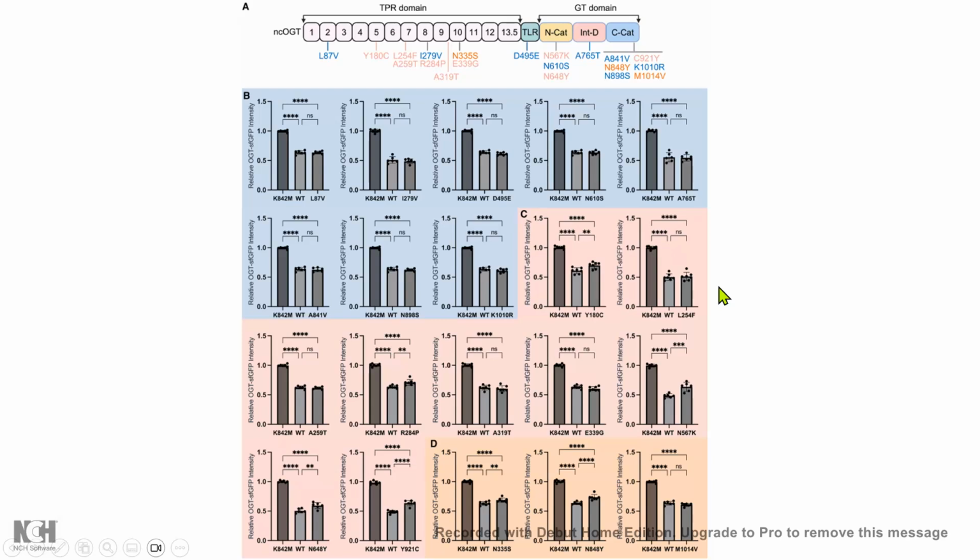So this is the real meat of the paper, where we took loads and loads of different mutations, some of them clinical, some of them theoretical, and basically did the same test. The K to M mutant, inactive, and the wild type versus how do you feel about this? And this gave us various ones with various levels, which we measured. It's all about the reactivity. So the reason I brought forward this paper is partly because it's a really cool proof of concept, and it's a collision of several systems.